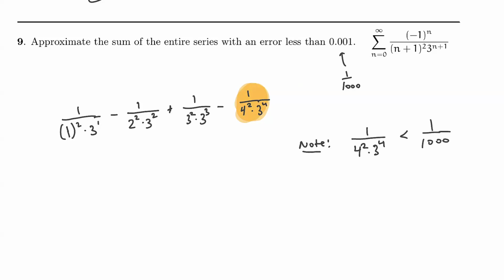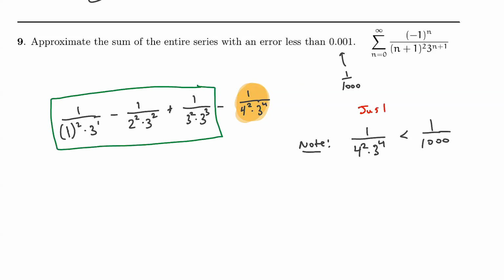So therefore, this is going to be our answer. Our answer is this, and this is our justification on the right side here. Justification of why this boxed terms will be an estimate for the sum of the series, and that estimate will be less than 1 over 1,000, right?